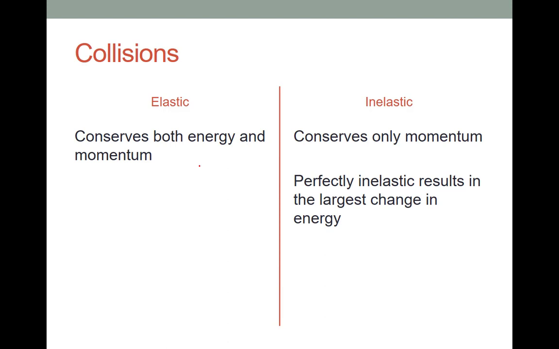And there's an entire range of inelastic collisions, some that conserve energy better than others. So if you have a perfectly inelastic collision, that means it conserves energy as little as possible, resulting in the largest change in energy from before to after.